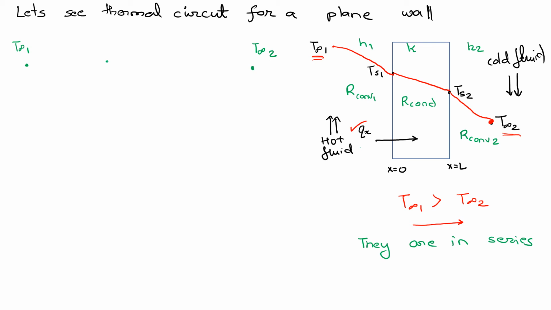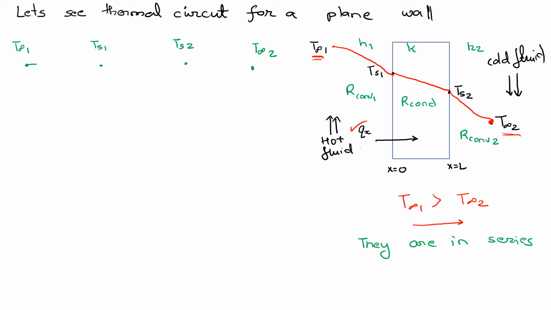So we know the surface temperature here is Ts1, surface temperature on the other surface is Ts2.